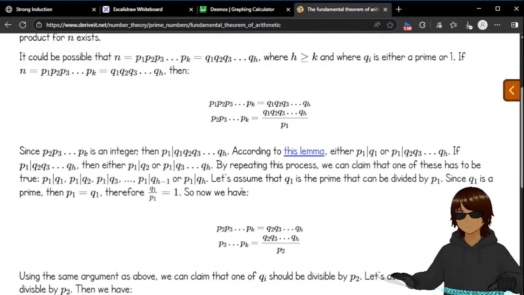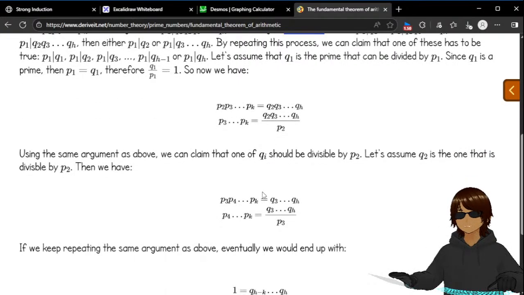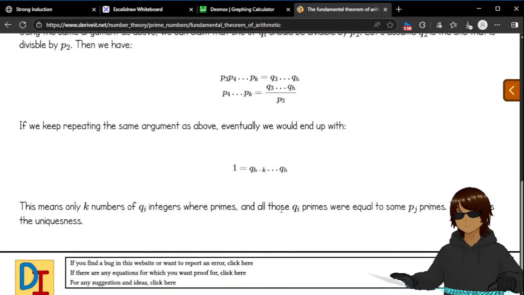So now we have this, and now we put p2 to the other side. Now p2, since this is an integer, p2 divides this thing, right? And assume it's q2 that gets divided by p2. And then we are left with this, and then we repeat the process with p3.